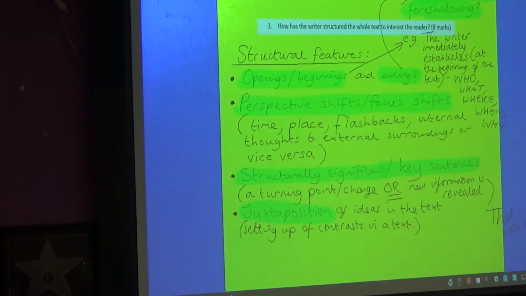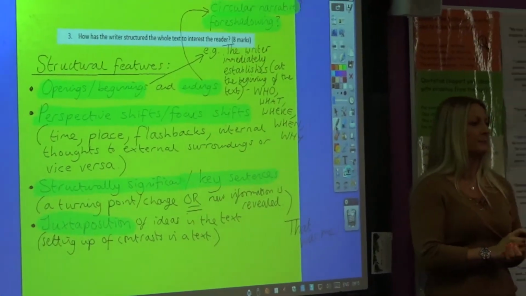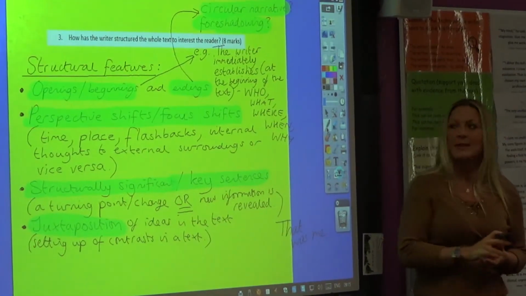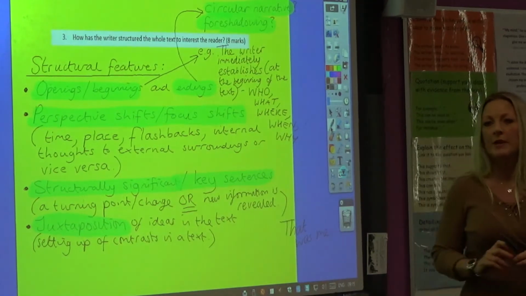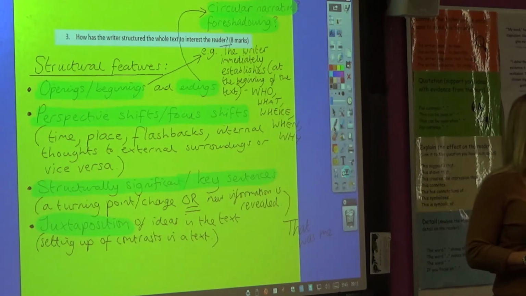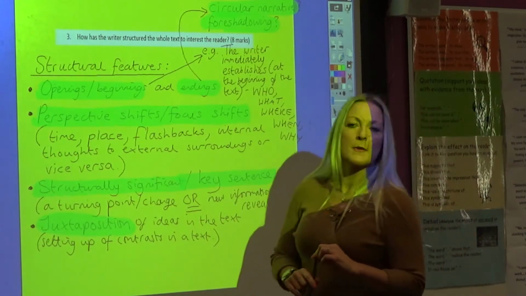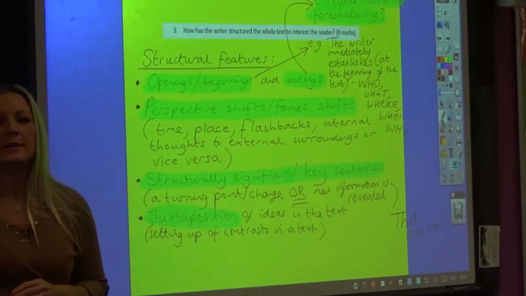I am going to get paragraphing on there in a minute, but does anyone know any other structural features? But these are definitely the order that you should do them in. But what are the other structural features? One that begins with M, which means that an idea or an image recurs throughout a text.